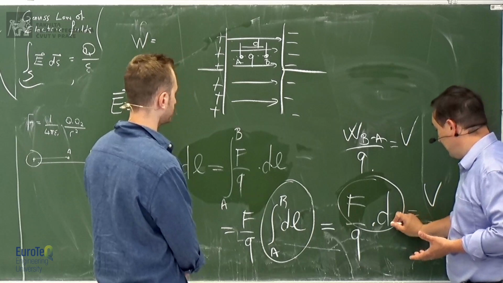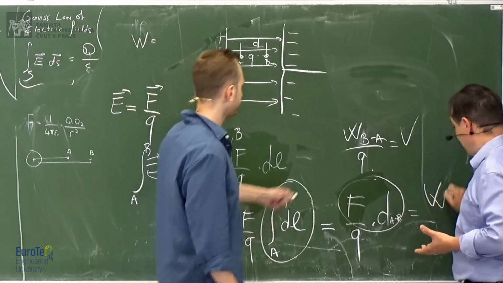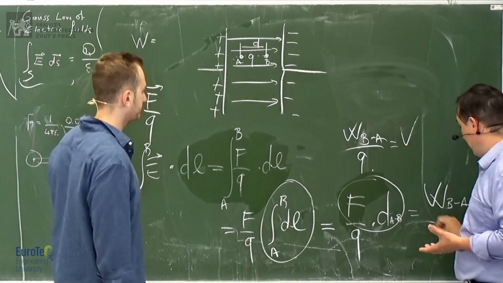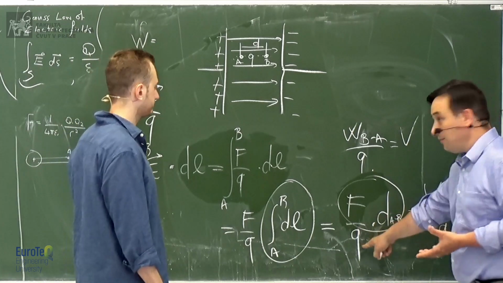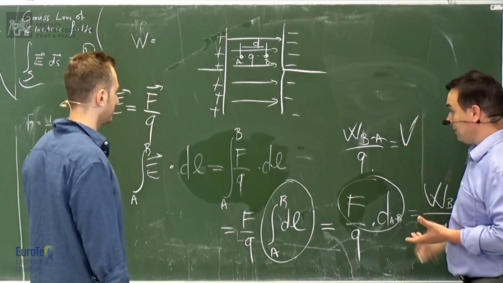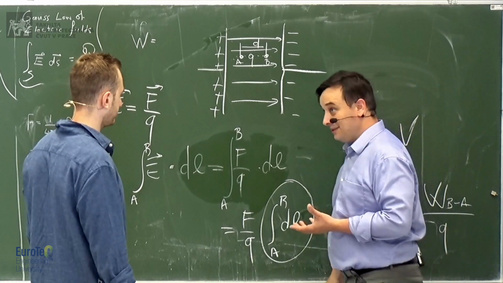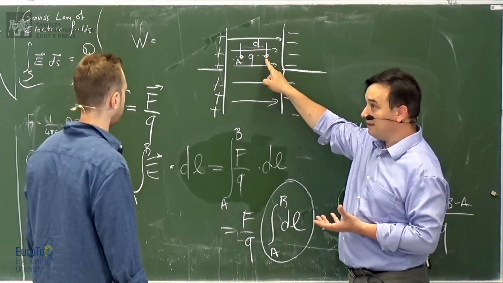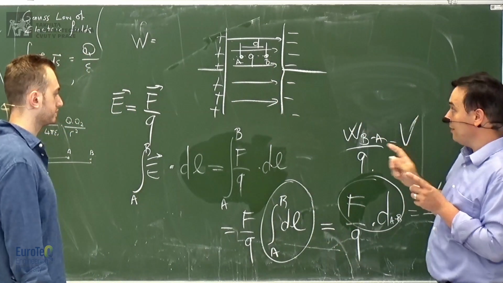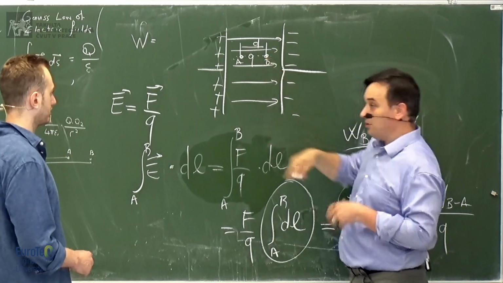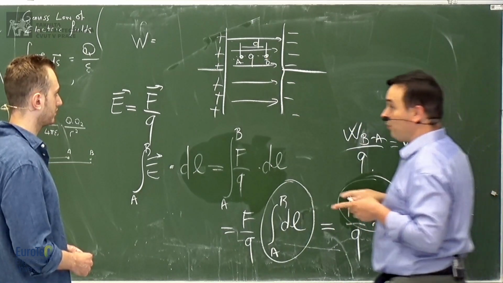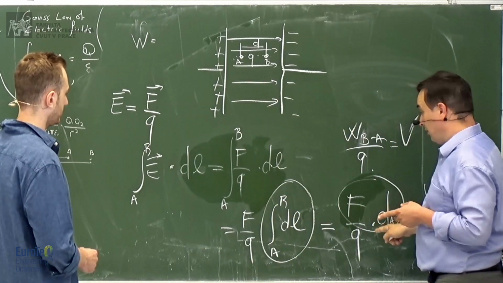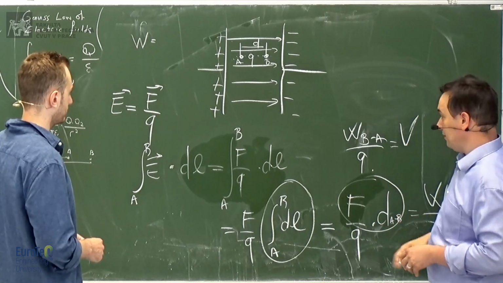So this is the work that you have to make to move the charge from point B to point A, divided by Q. That is a voltage. So the voltage is the integral of the electric field between A and B. If you have two points, point A and point B, and you want to know the voltage between those two points, you have to make the integral of the electric field over the distance.